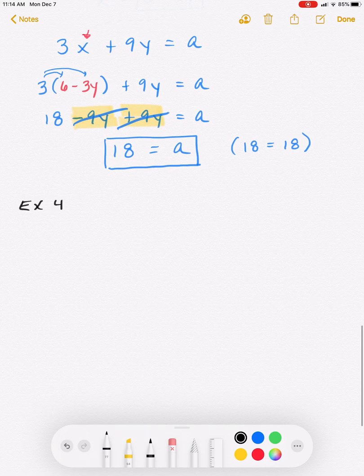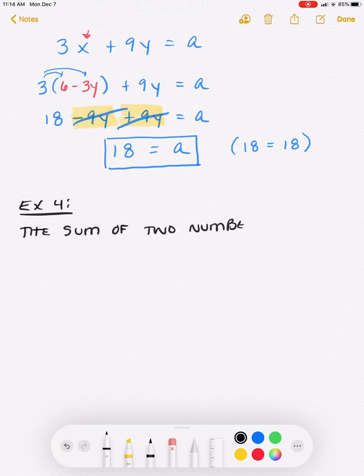Here's the last problem, the last kind of application that we're going to see. Okay, the sum of two numbers is 6.